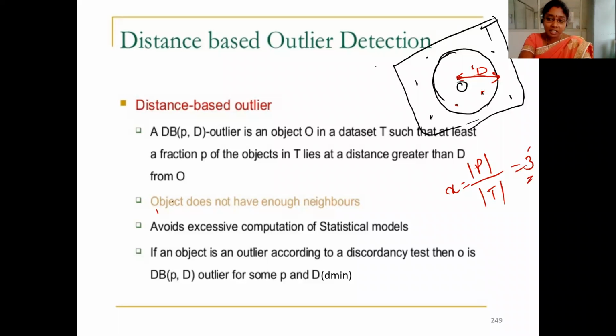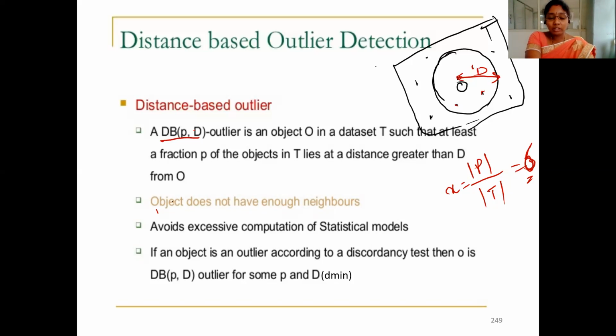If at all this value is 6, but we don't have 6 elements within that neighborhood, then O is an outlier. So this is represented as DB, database, that means distance based. DB in the sense distance based, (P, D). P is a fraction, and D is a distance.